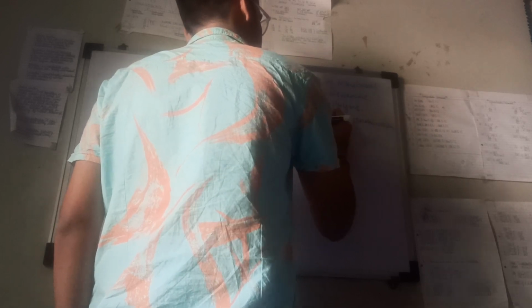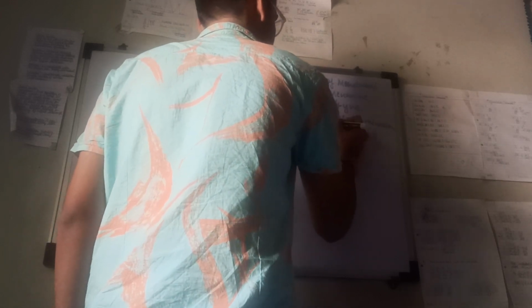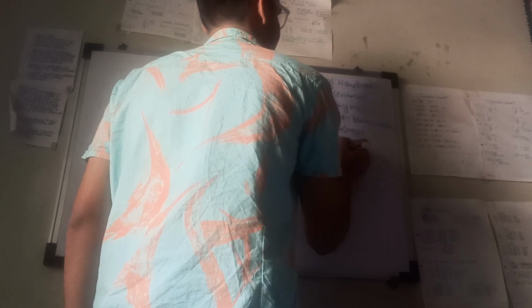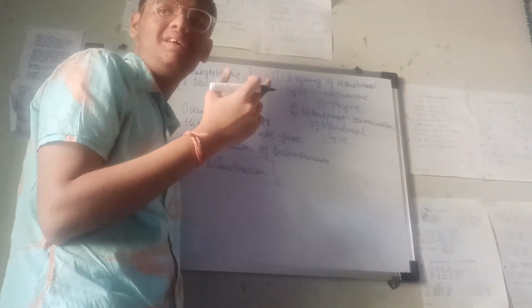Menopause is the termination of the menstrual cycle, and it takes place at the age of 45 to 50.